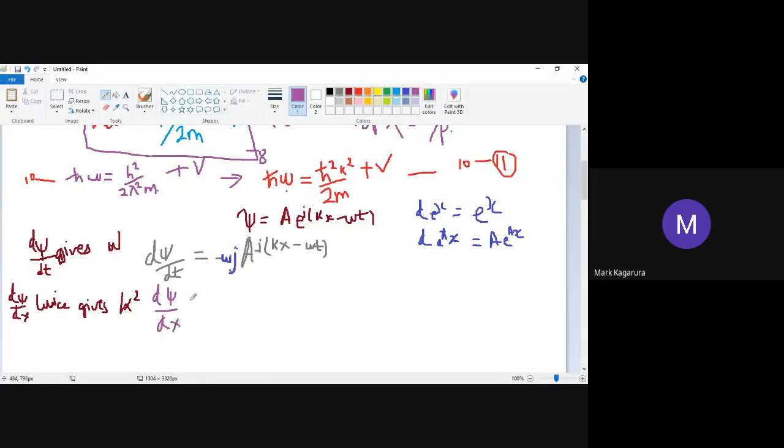So dψ/dx is going to be, somebody is expecting a negative, but okay, A times jk, A is already there, the exponential is there, so we end up with our recursion, e to the j into (kx minus omega t).